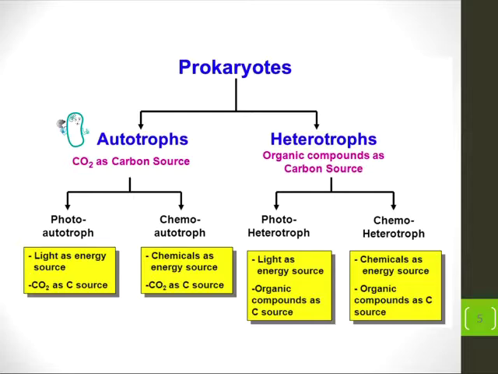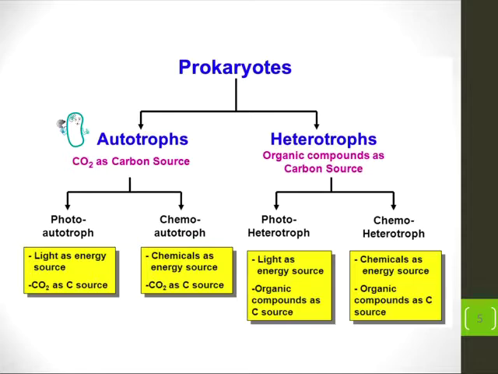Autotrophs are those that will use inorganic carbon dioxide as a source of their carbon. The heterotrophs, on the other hand, will use organic compounds. So organisms that have already used inorganic carbon dioxide as their source of carbon, the food that they produce, the heterotrophs will then rely on those.